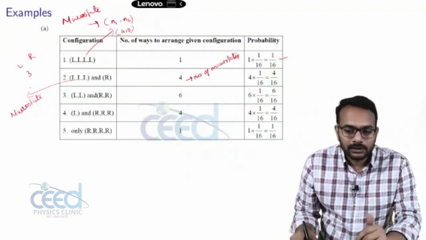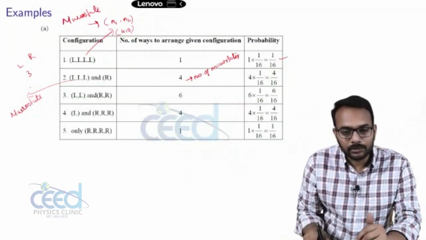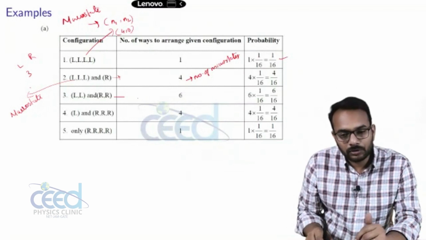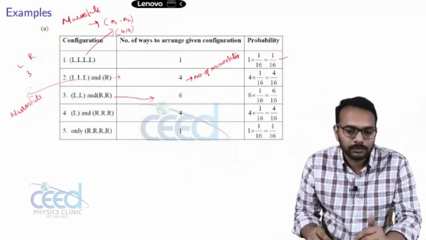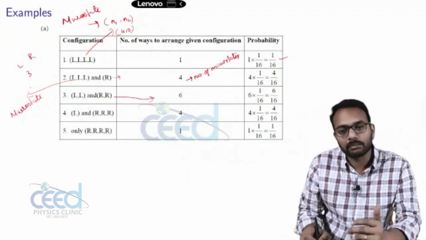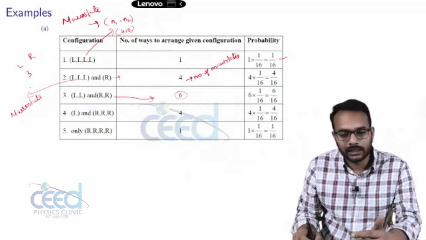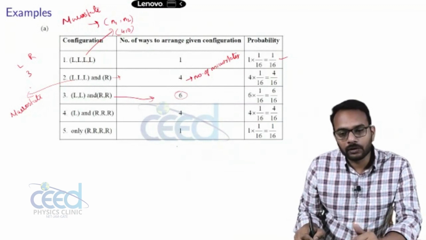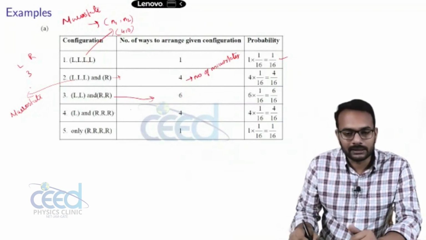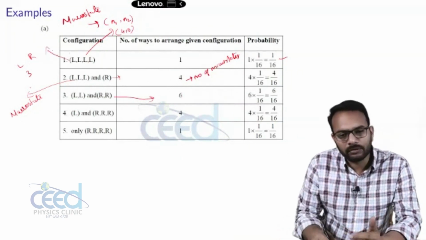In this case, there are 4 microstates corresponding to this macrostate, and corresponding to this macrostate, there are 6. That's the maximum. 2 on left and 2 on right is the maximum number of ways. That's 6. Again you come down to 4 and 1. So you have the probabilities here. This is an example of a macrostate.